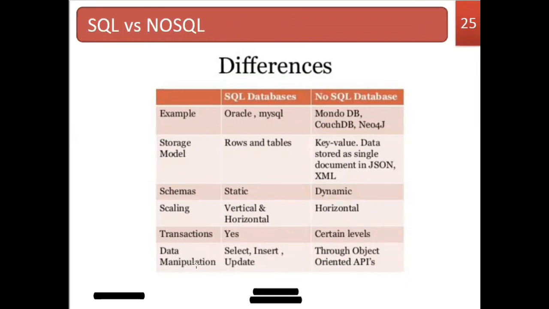And then data manipulation: select, insert, update. Here all sorts of DML commands you can use in the SQL databases, whereas in the NoSQL databases you'll be using some APIs, right? Based on which particular language or framework you are using, you'll be using the APIs, that is application programming interface, to interact with your NoSQL databases.